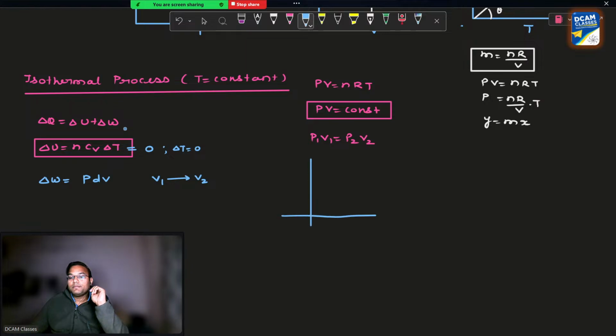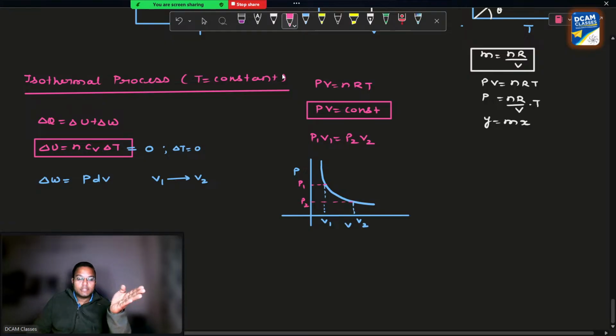See, if I draw the PV graph of this, whenever you're changing volumes, you have calculated P into V2 minus V1, but that is only possible when pressure is constant. When you are moving from V1 to V2, pressure is also changing. It was here, pressure was P1, here pressure is P2.